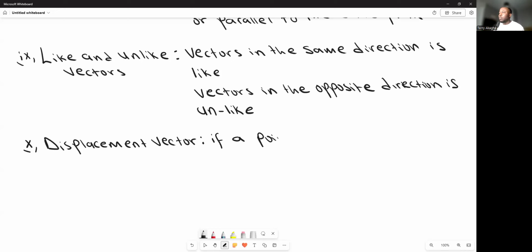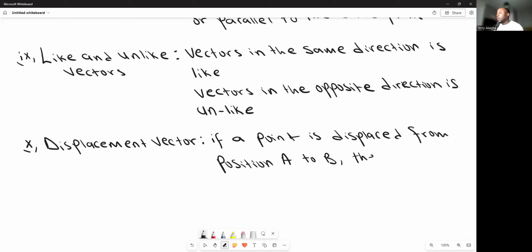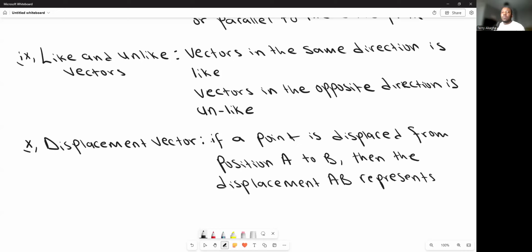So if a point is displaced from position A to B, then the displacement AB represents a vector AB, because it moved from A to B, known as the displacement vector.